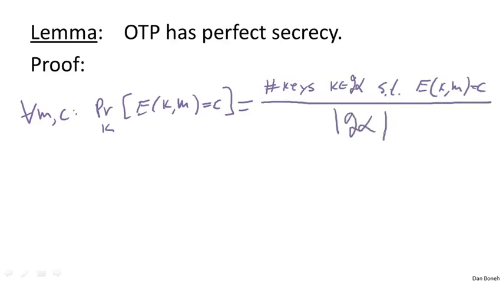That's what it means that if I choose a random key, that key maps M to C. So it's the number of keys that map M to C divided by the total number of keys.